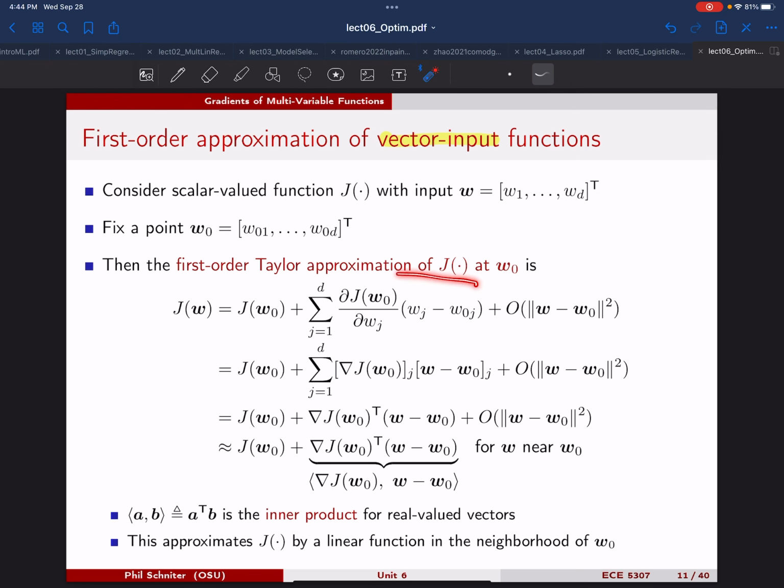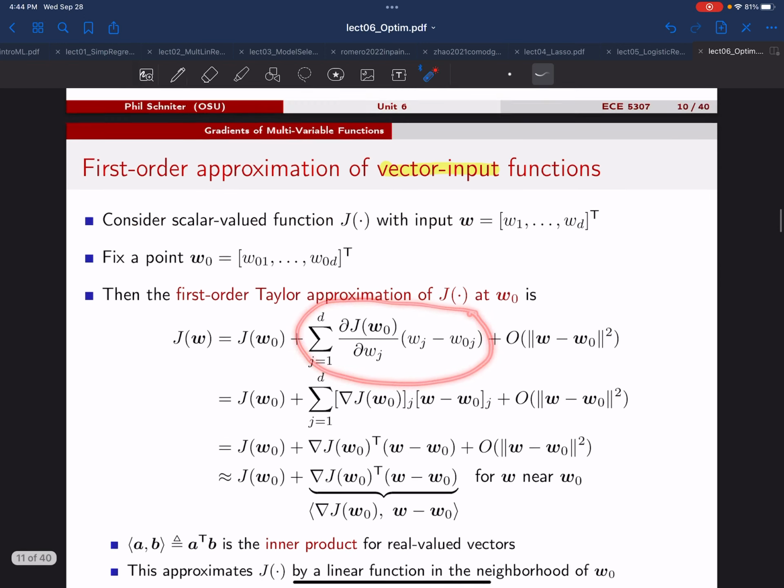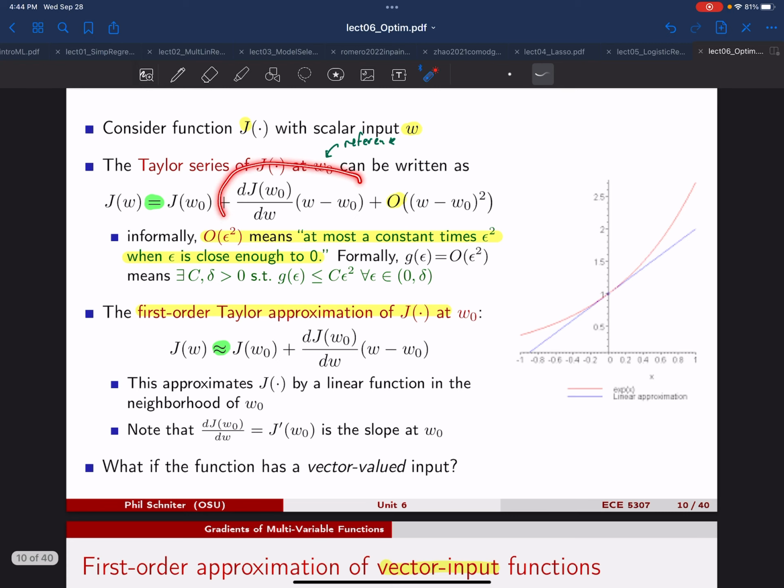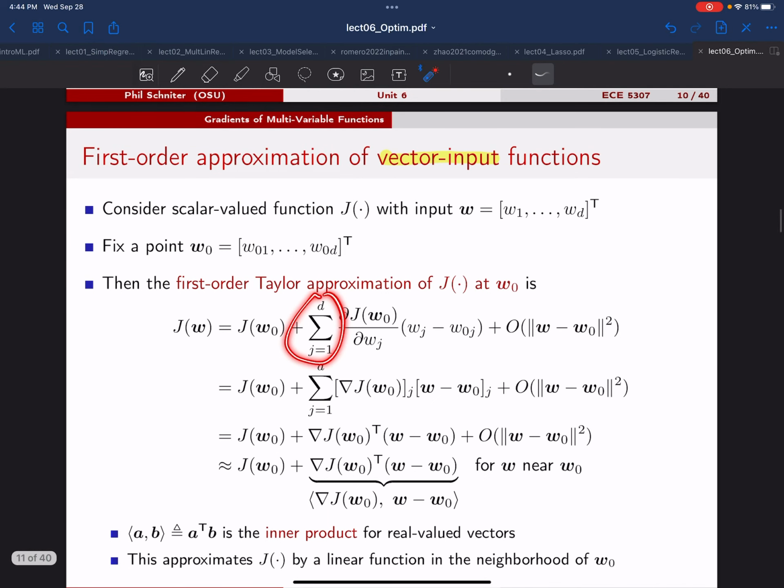Okay, so is it kind of clear how we went? All we did is we basically changed this term to a term where we have all the different w's and we have their sum. Okay, so not a huge leap. Any questions on this part?